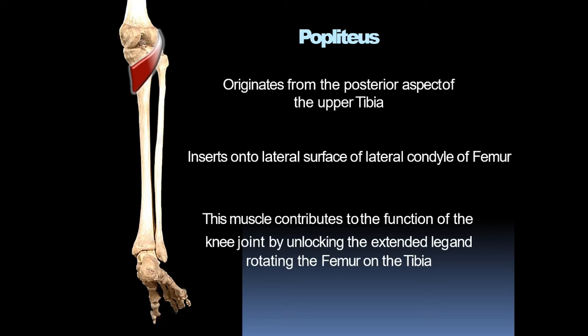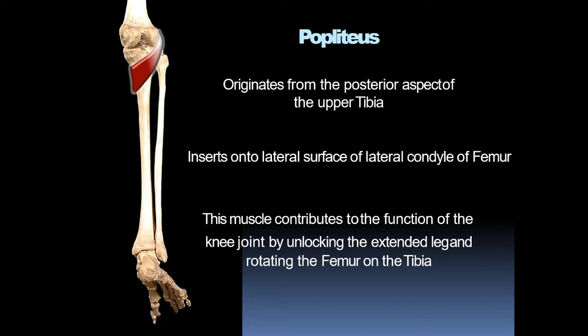Popliteus originates from the posterior aspect of the upper tibia, inserts into lateral surface of lateral condyle of femur. This muscle contributes to the function of the knee joint by unlocking the extended leg and rotating the femur on the tibia.